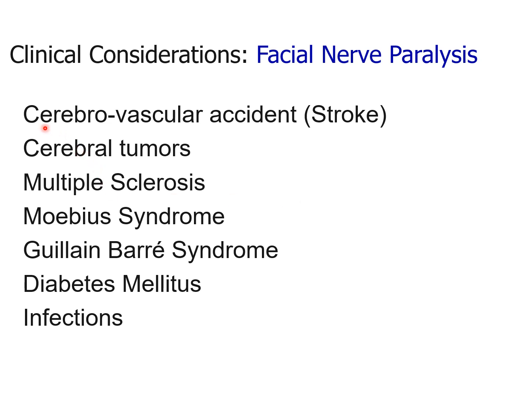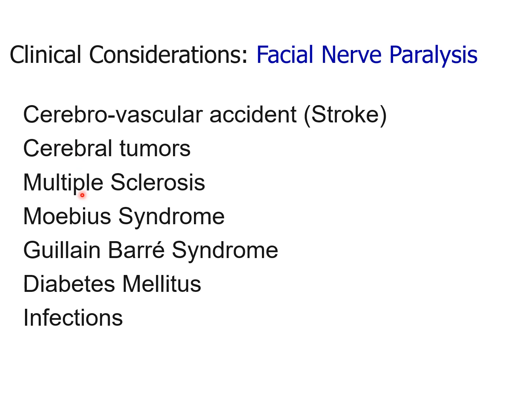So one of the common causes of facial nerve paralysis is cerebrovascular accidents or strokes, which could either indicate cerebral hemorrhage or cerebral ischemia due to emboli or thrombi or transient ischemic attacks. Then any mass lesion in the brain like a tumor or a cyst can lead to facial paralysis.